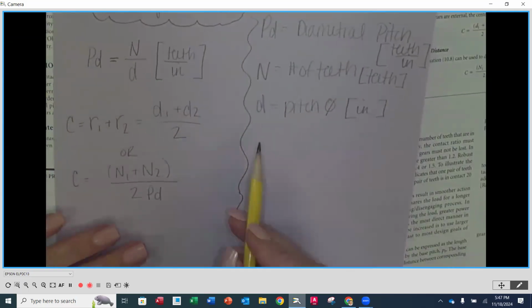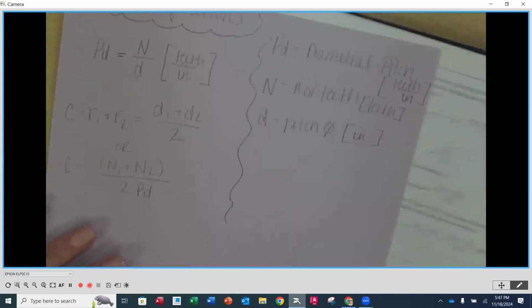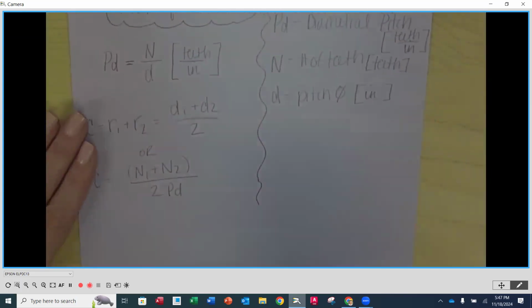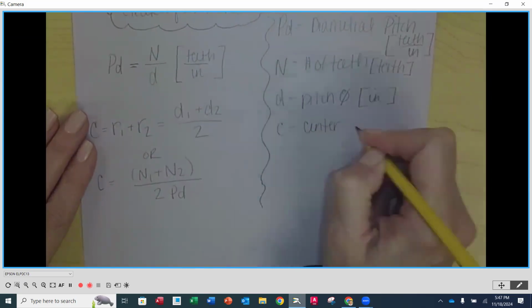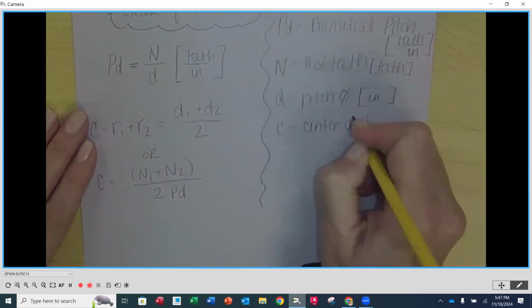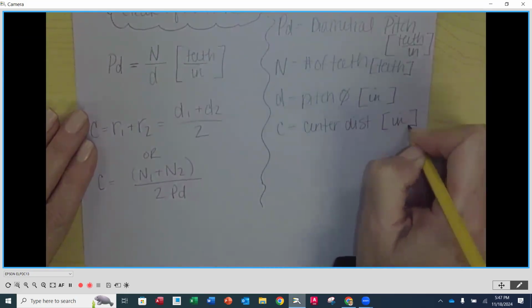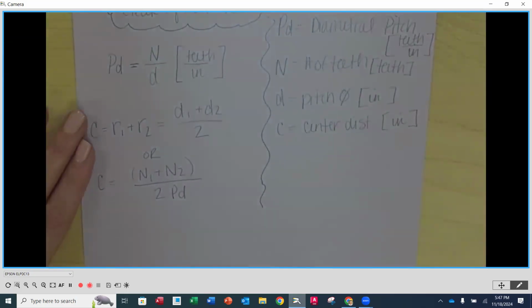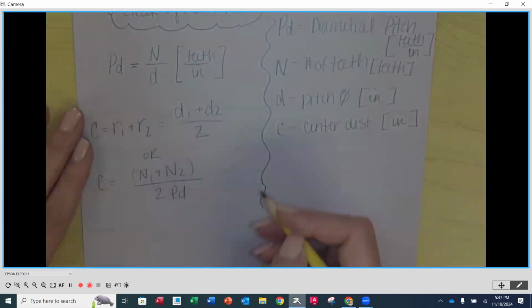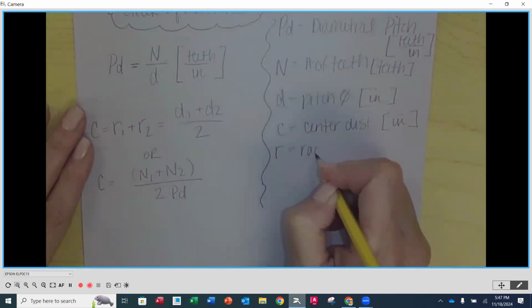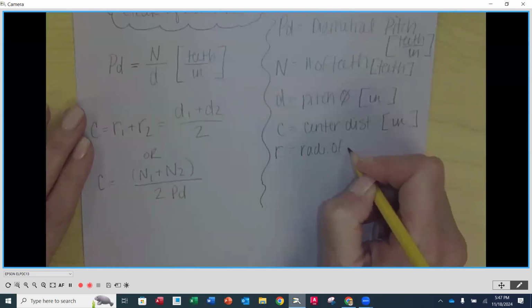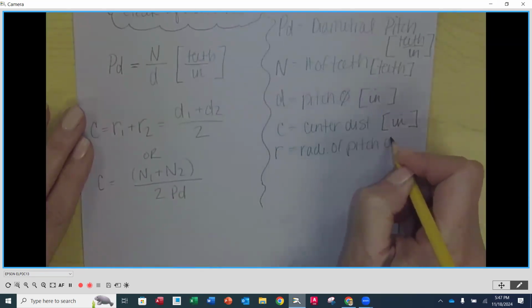So first of all, I'm going to take this book out from underneath. C is going to be equal to center distance, and that's going to have units of inches as well. R is going to be equal to the radius of the pitch diameter.